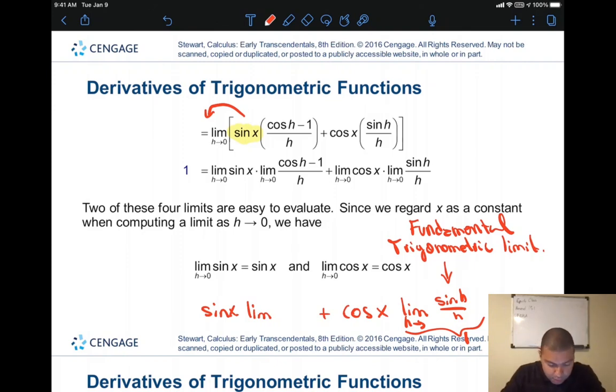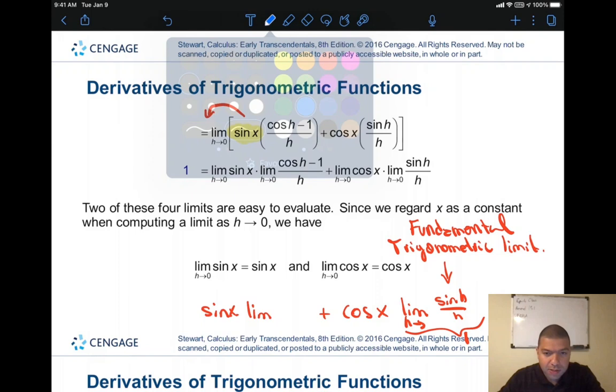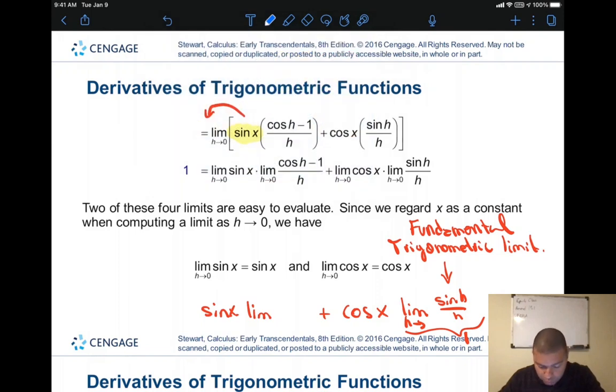The idea, again, is that I'll prove this once we get to what's called L'Hopital's rule. L'Hopital was a French mathematician, and there's an accent on the O. Most people say hospital's rule or L'Hopital rule.